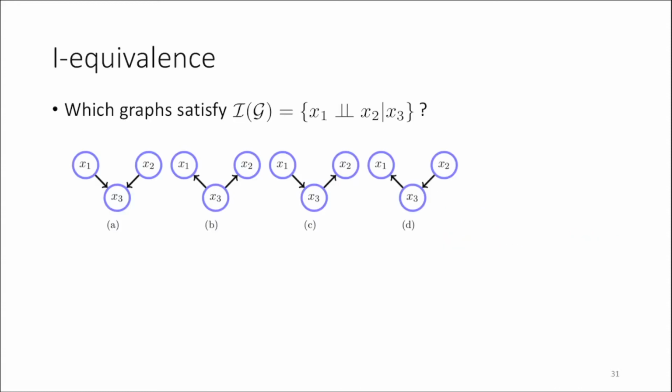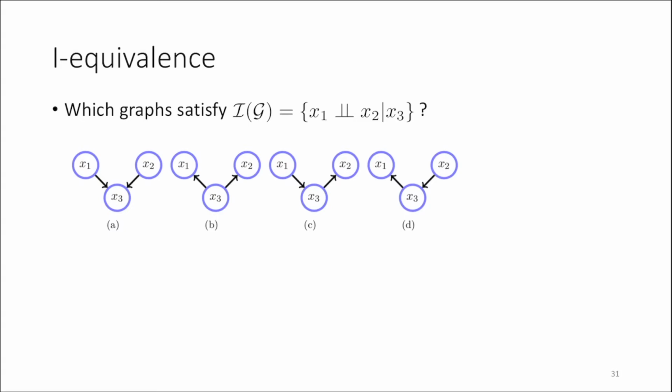Hopefully by now, given what I told you already, you have some idea that it's probably not all you need. You need something more than a Bayesian network for causal questions. So let me give you an example.